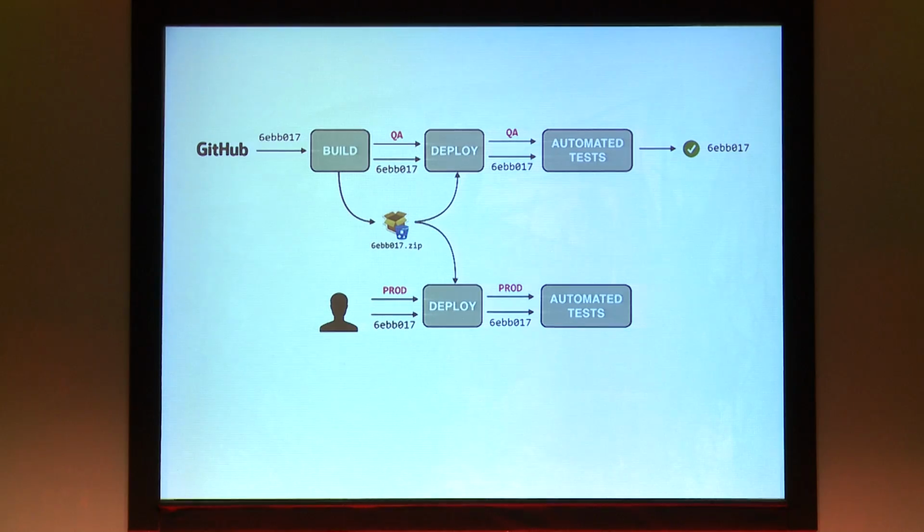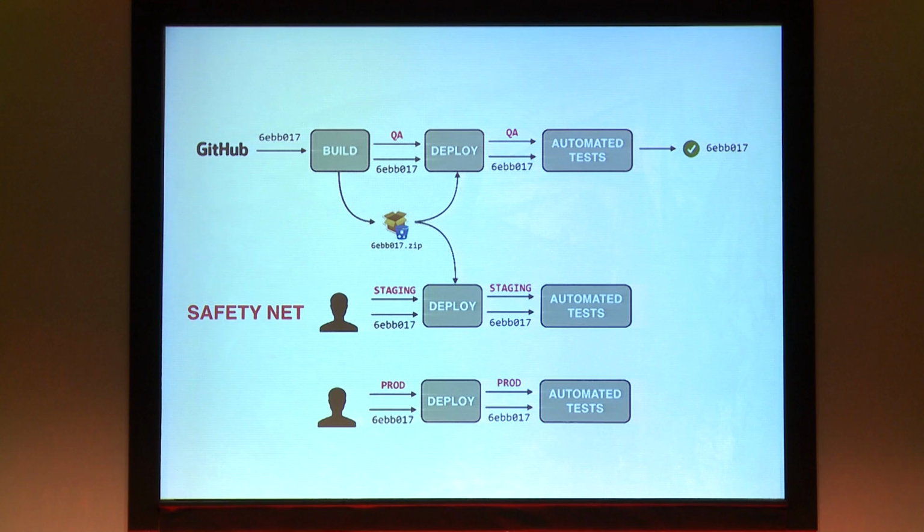At Timeout, the person doing this bit was actually a person from product. So it was a person who wasn't a technical person and didn't know anything about this. Obviously, if you ask a person from product to deploy something to production, they are going to freak out. So we added a safety net, which is pretty much a staging environment.